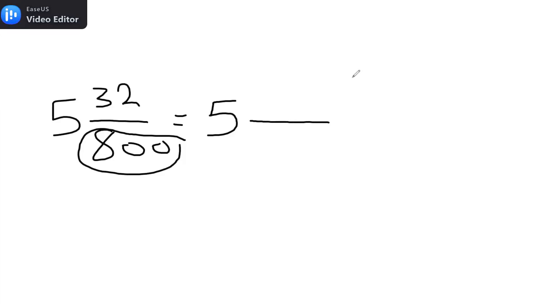Let's make it 10. Okay, but there is a 100. Yes, 100 is much better. Why? How can we change 800 into 100? Is it times or divided by? Divided by.